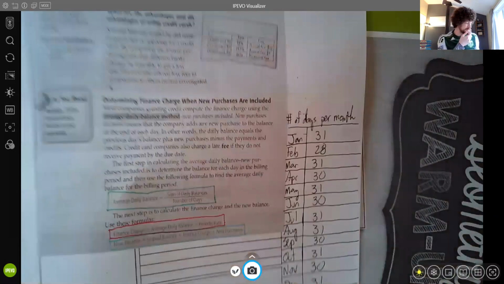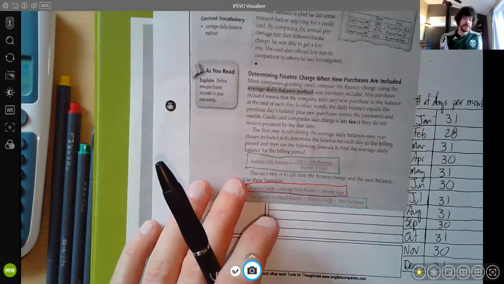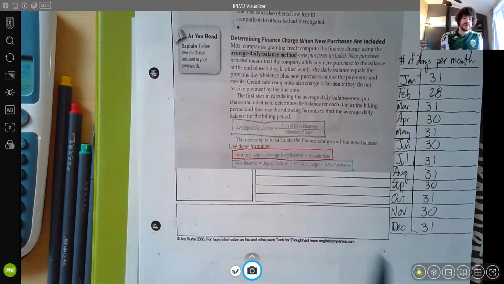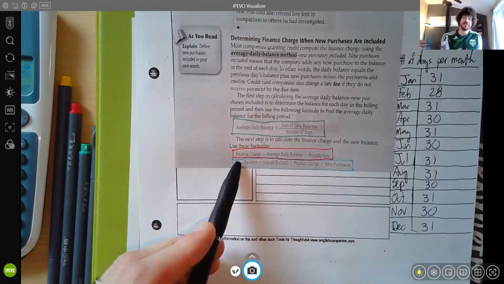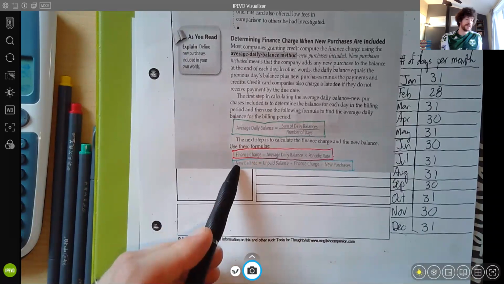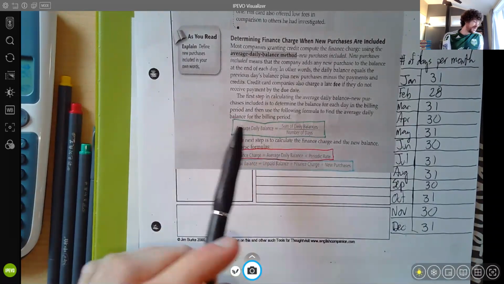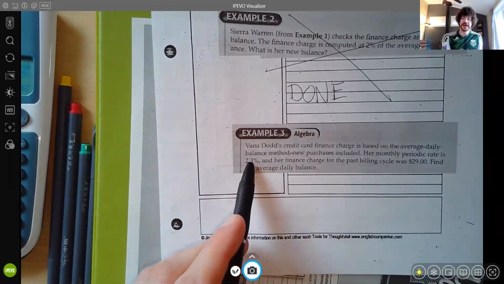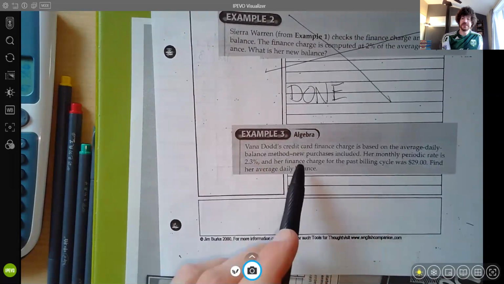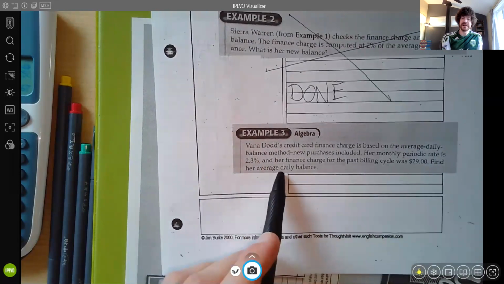So if we're looking at our different formulas here, the problem that we're looking at right now mentions three things: periodic rate, finance charge, and average daily balance.